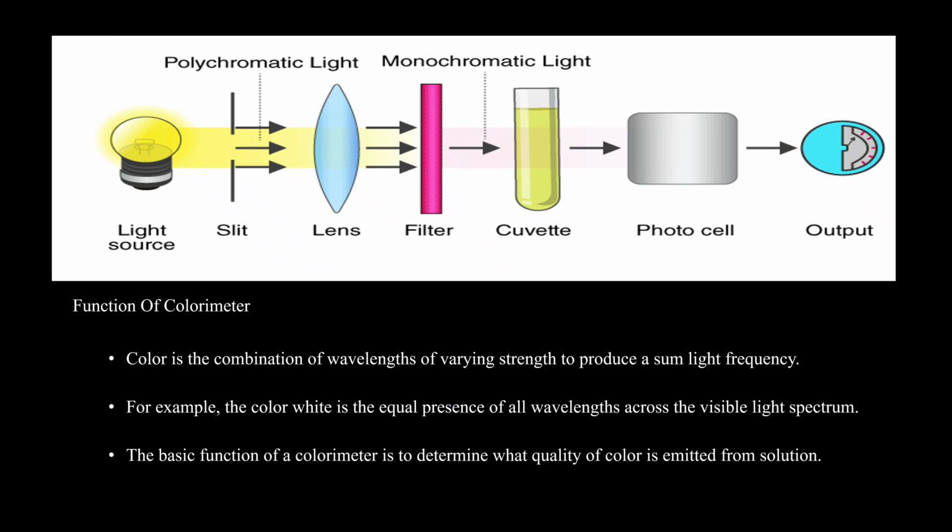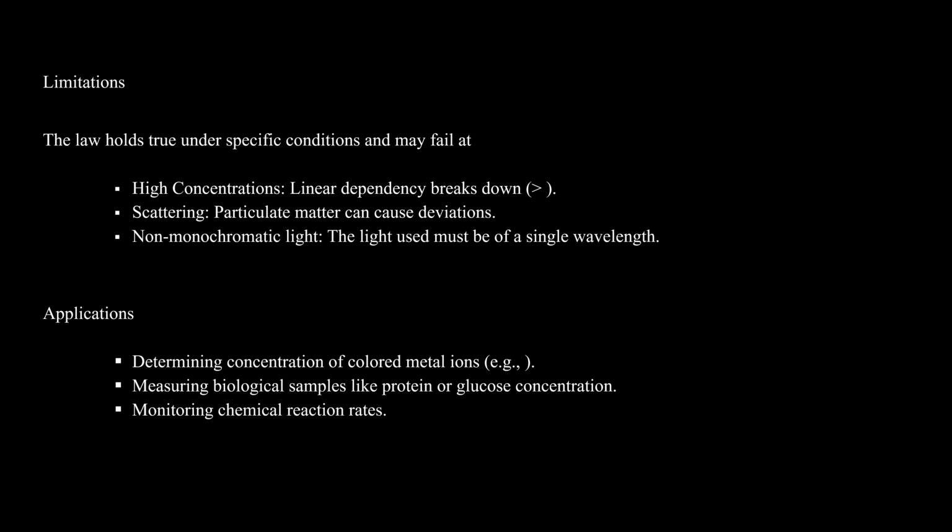The components are the light source, filter, cuvette, photocell, and output. The result is the wavelength. Under specific conditions, at high concentration the law breaks down, and for a particular measurement the light used must be of a single wavelength.